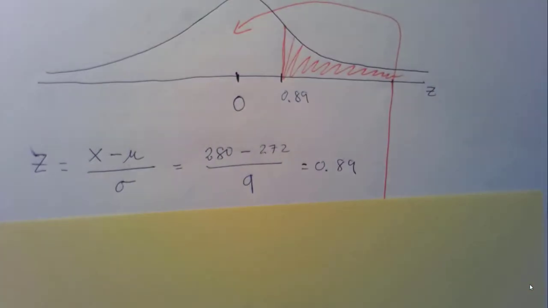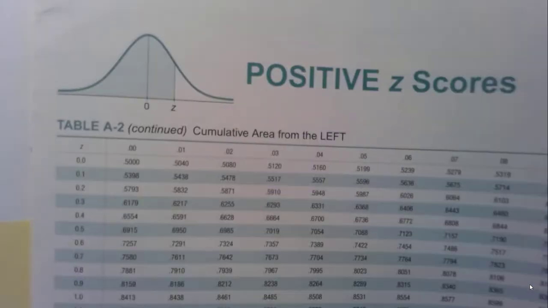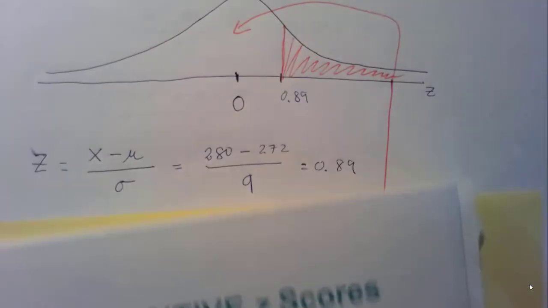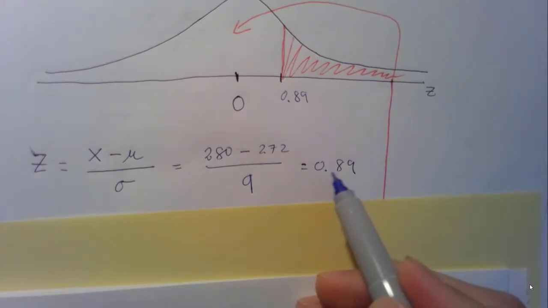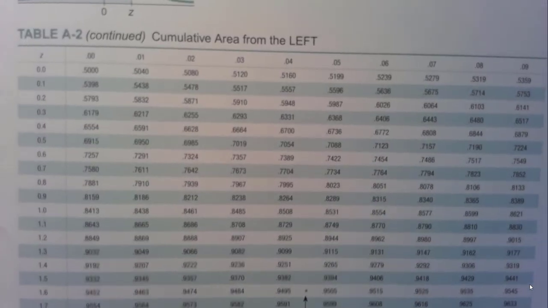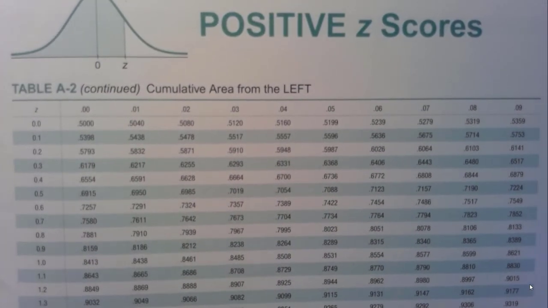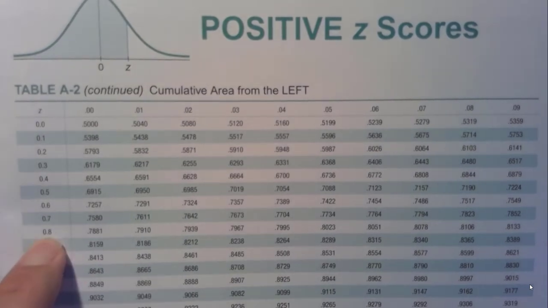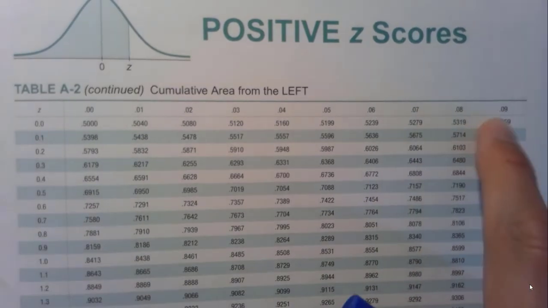And then from here, we get out the z-score table and look for the positive z-score 0.89. So let's take a quick look at this z-score table. 0.8 is right here, so we need another 0.09, which is all the way at the end.